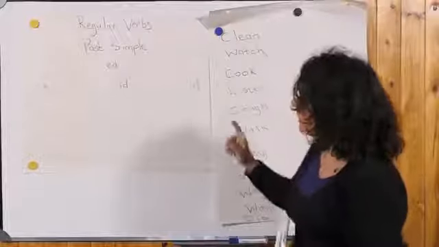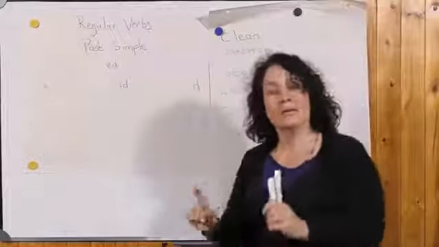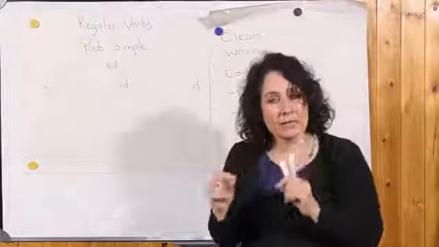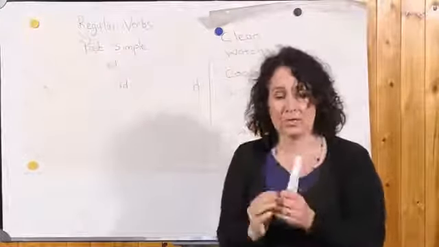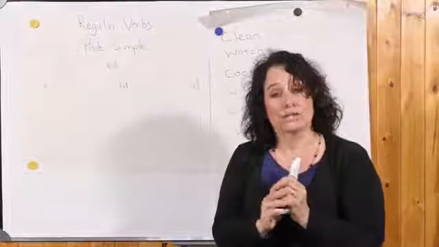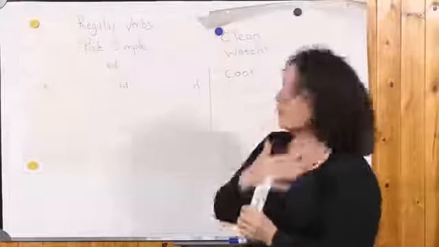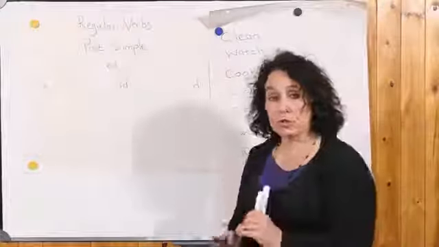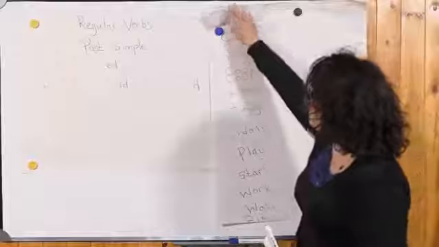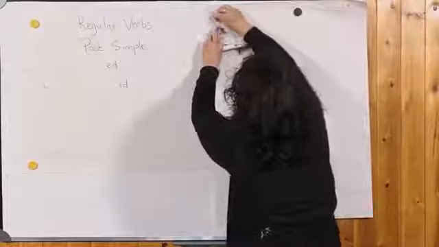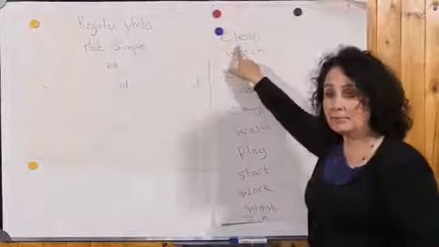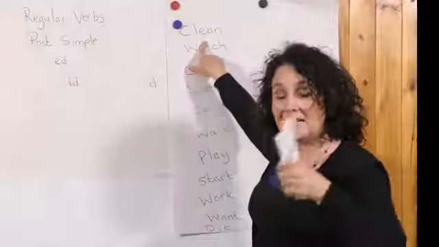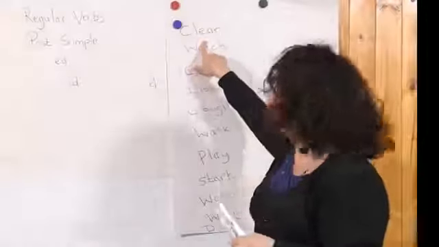So when we make the past simple form of regular verbs, we have to be careful how we say these words, because they are quite different. Okay, and it's a very common mistake. So I've chosen a couple of regular verbs here. So you have the verb clean. I clean my teeth every day.